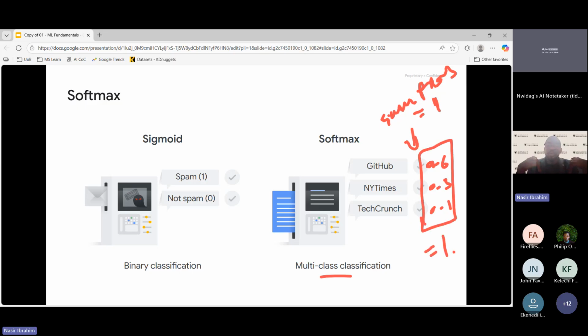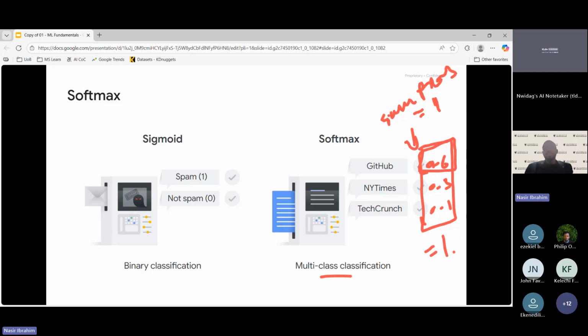Now, how are you going to determine the label if you have these probabilities? What do you think? You take the one with the highest probability, right?